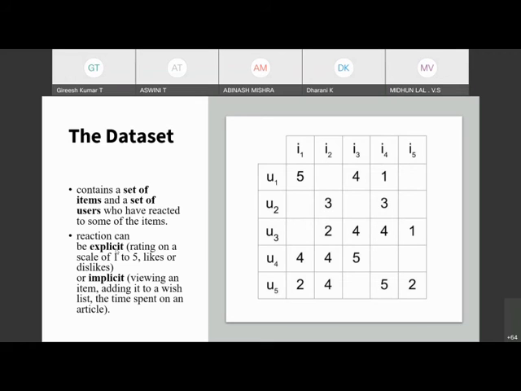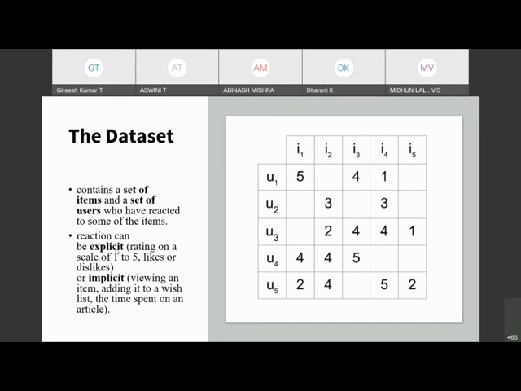An explicit reaction is a rating on a scale of 1 to 5, or like or dislike. A reaction may also be implicit. Implicit reactions include viewing an item, adding it to a wish list, or the time spent on an article. These are some examples of implicit reactions.